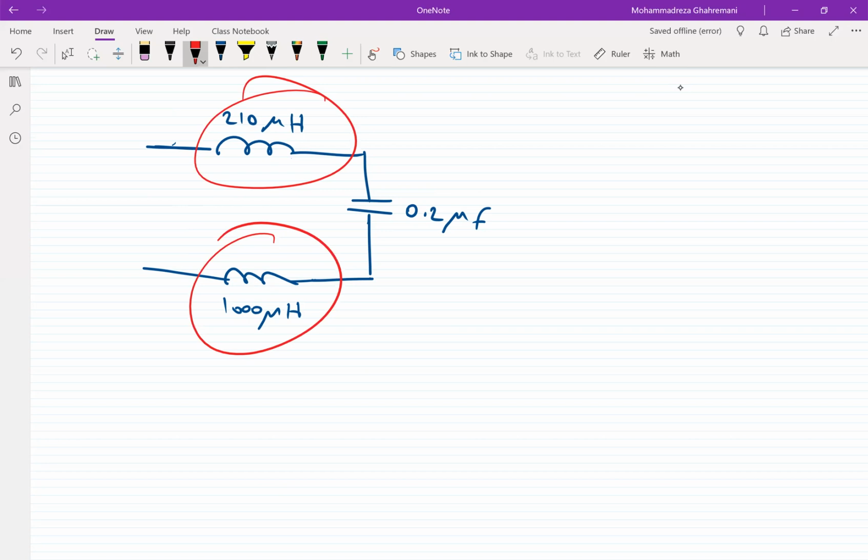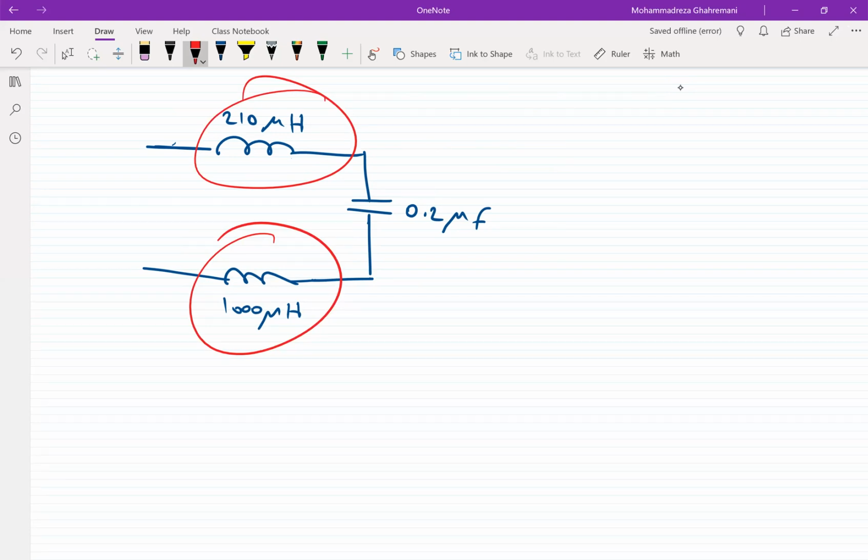We cannot combine an inductor and a capacitance. So it's like orange and apple. We cannot combine orange and apple. Okay, so we can combine inductors with inductors, capacitors with capacitors, resistors with resistors. So here is the reason why I don't consider this capacitor as in series with those two inductors.